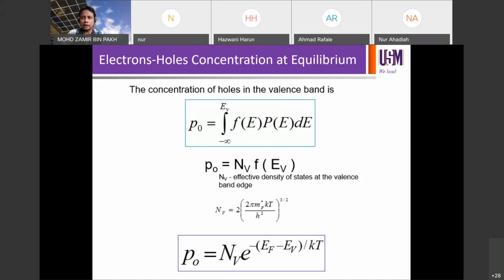You can write it as NVE or as PE, as long as you know what you write down. So this will be simplified to p naught equals NV, the density of states in the valence band, times the exponential term, negative (EF minus EV) over kT. So that will give you the density of free holes at thermal equilibrium.